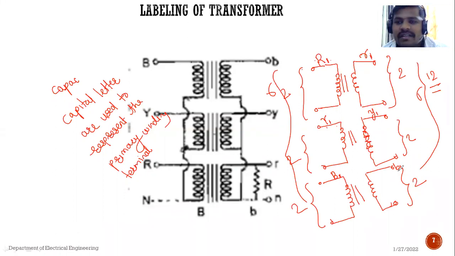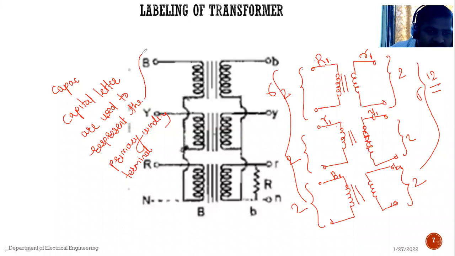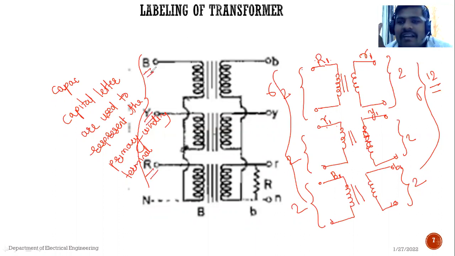Generally we can use RYB or we can use ABC phase sequence. See here, the primary side of this transformer can be represented by capital letter R phase, Y phase and B phase. That means this is a 3 phase.